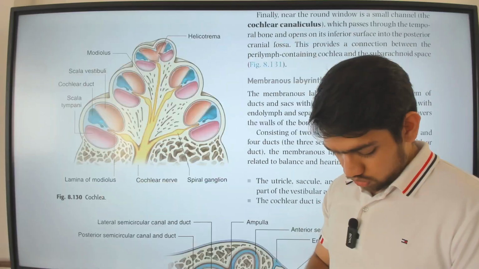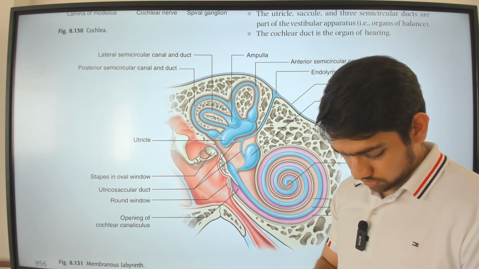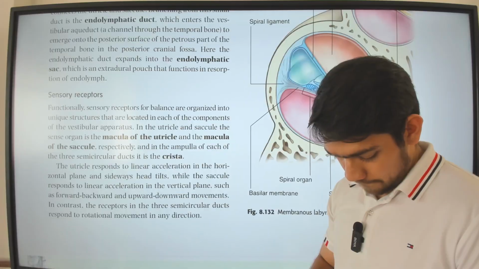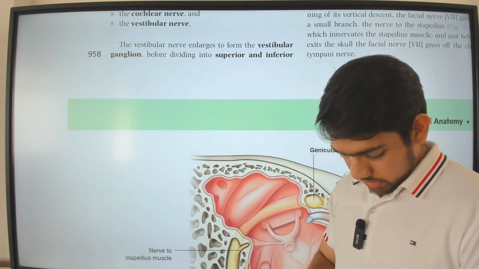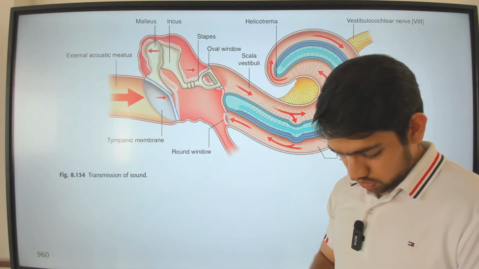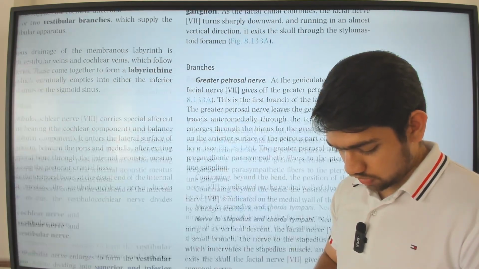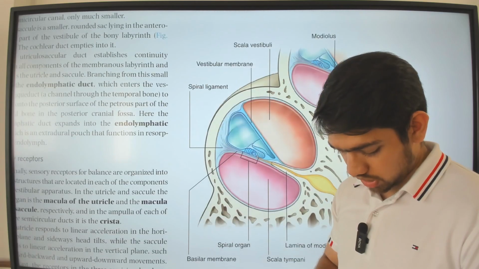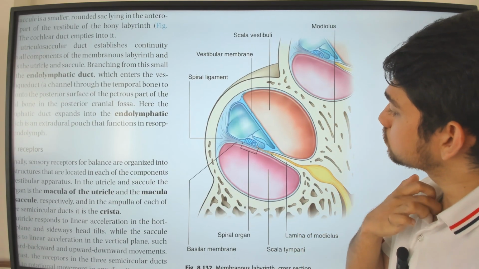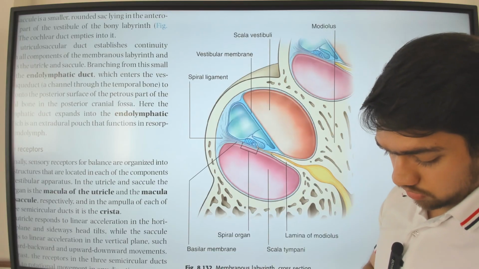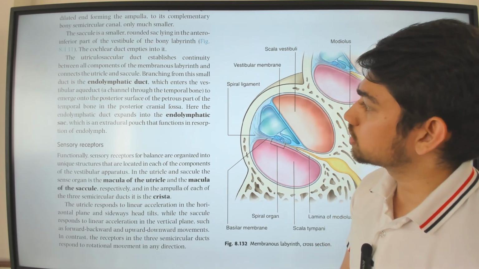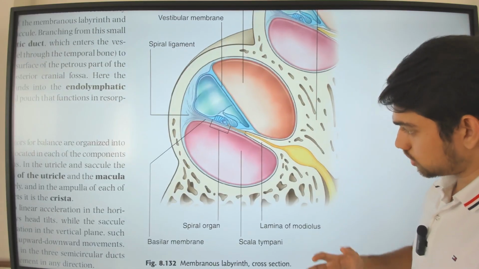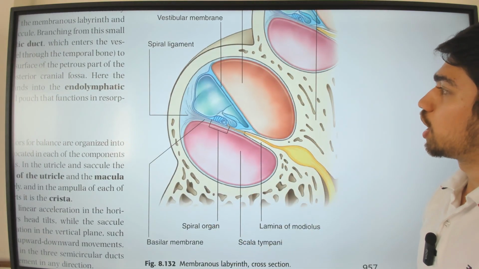So now let's move on to how sound waves travel. To understand that, you need to have a cross-sectional idea of the cochlea. When you cut the cochlea into a slice, how is it going to look?